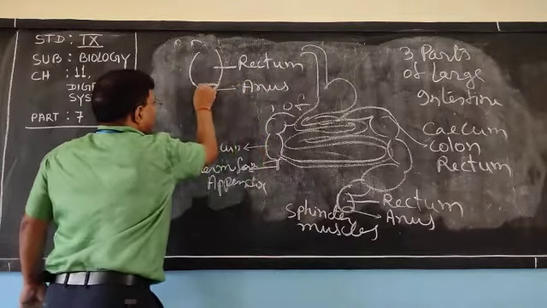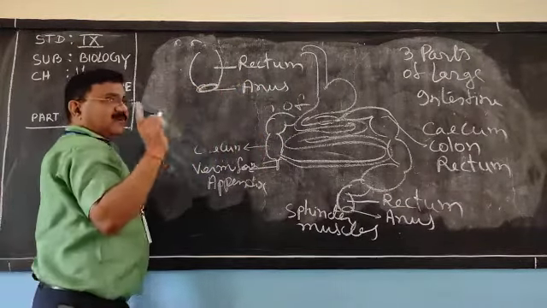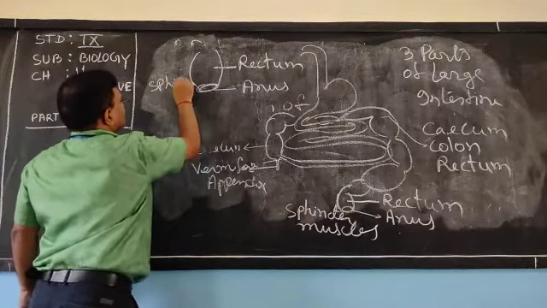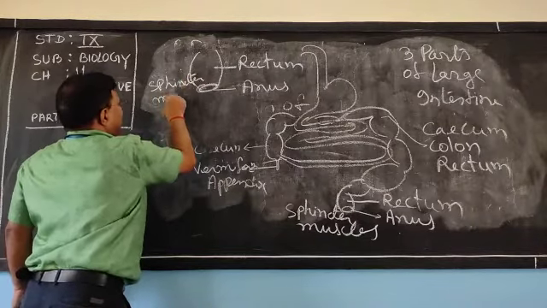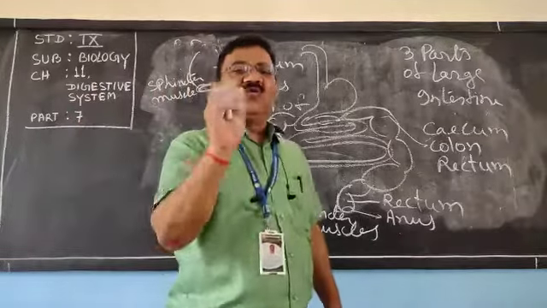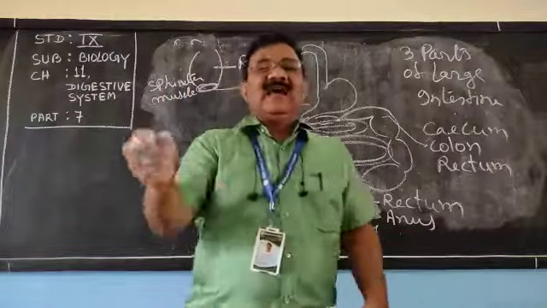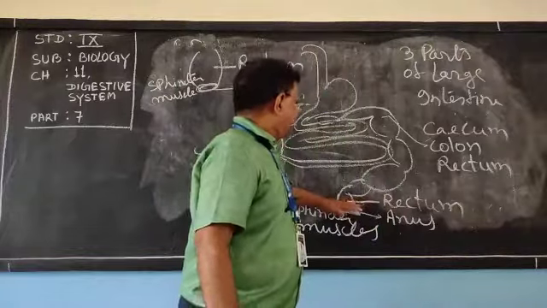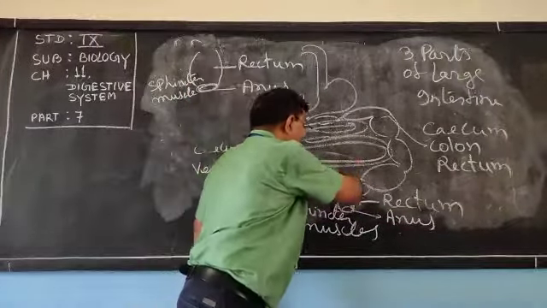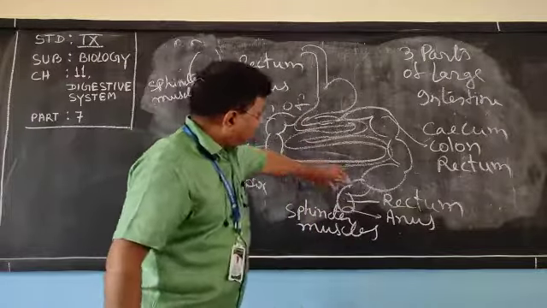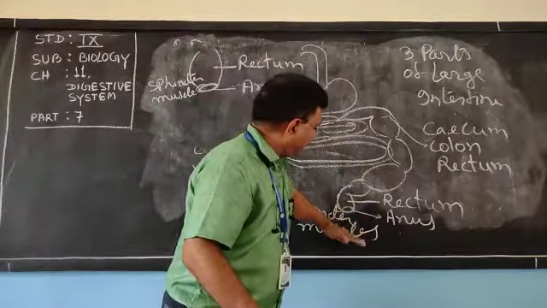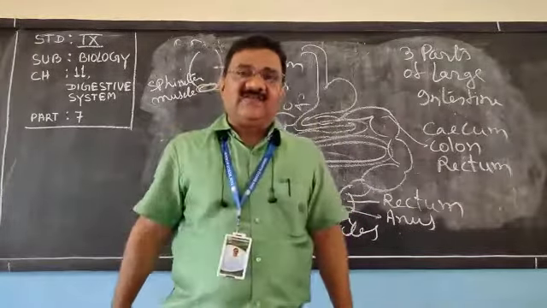And here this muscle is the circular sphincter muscle, and due to this muscle the anus is closed. Here the undigested food is stored and it is pressed from inside. As it is pressed from inside, the anus opens and some part of feces comes out, and again the anus is closed.